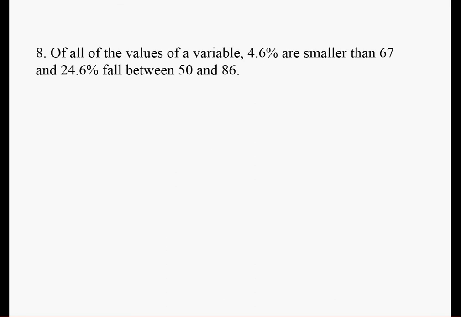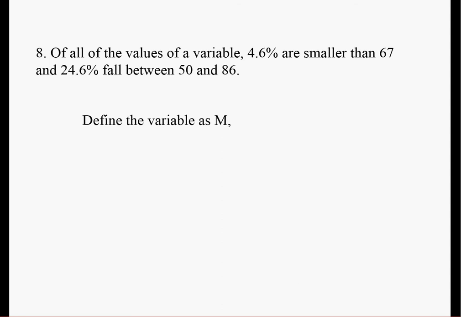Question number 8. Of all the values of a variable, 4.6% are smaller than 67 and 24.6% fall between 50 and 86. Now for this probability statement, in the question we say that of all the values of a variable, we really did not give the notation for the variable.